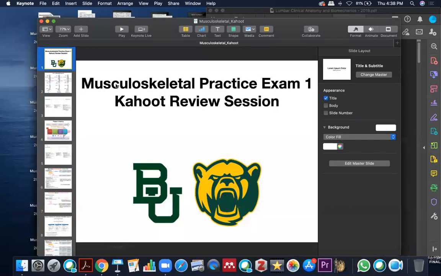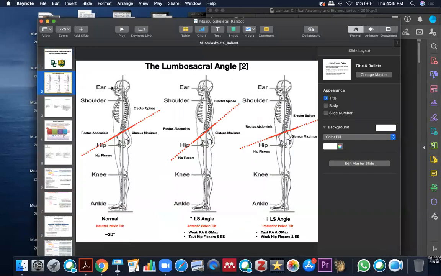So here we go. If you hadn't seen it, some people have, I had posted a bunch of these slides; some of these are taken from that review that I put up. Remember, when we're looking at the lumbosacral angle, the way that's helpful for me to think about it is if you look at L5 and S1, that intervertebral disc, because it's not just completely vertical, right?